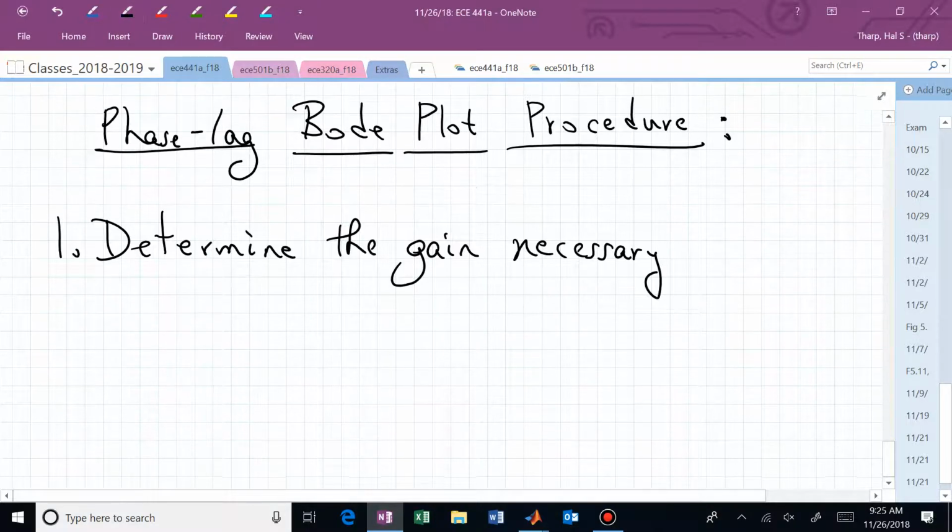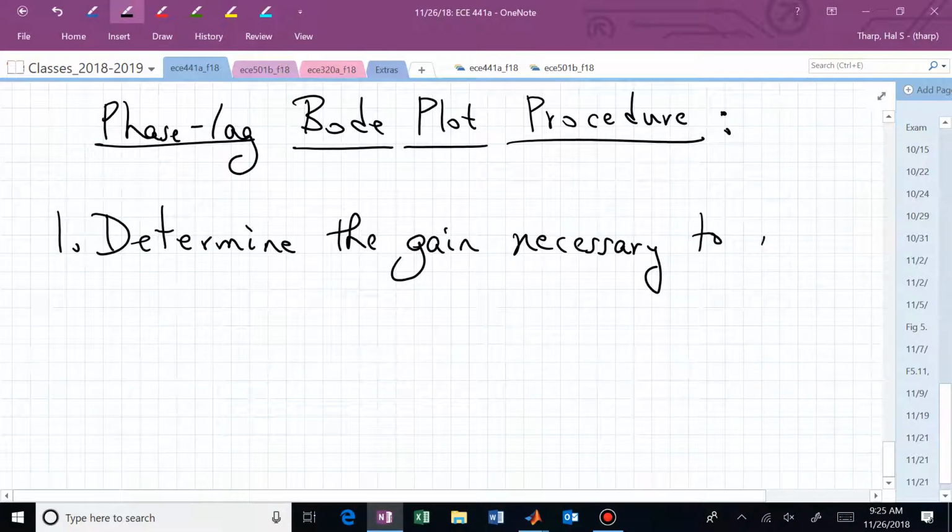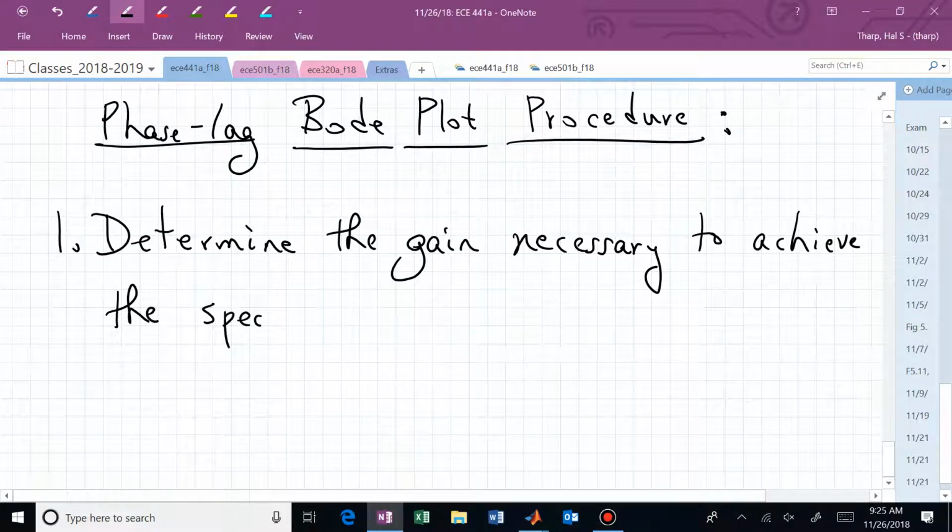So determine the gain necessary to achieve the specified or required steady state accuracy.